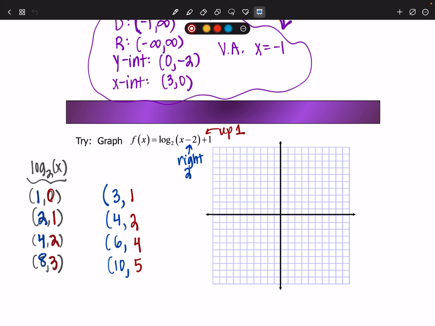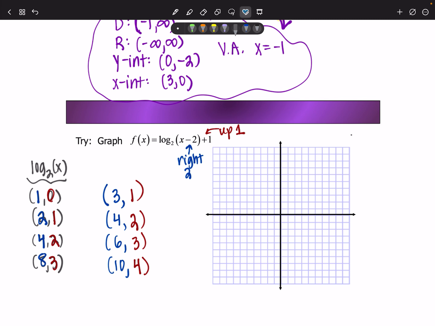I started adding 2. 0 plus 1 is 1. 1 plus 1 is 2. 2 plus 1 is 3. We need to add 1. 2 plus 1 is 3. And 3 plus 1 is 4. I almost said 3 plus 3. I think I was pulling in that next value.